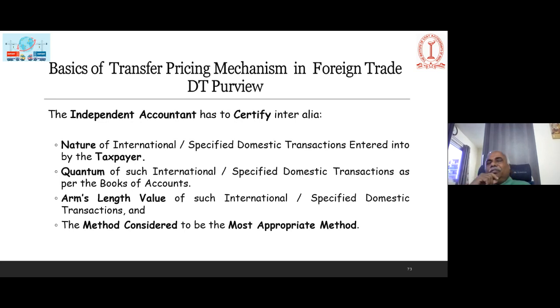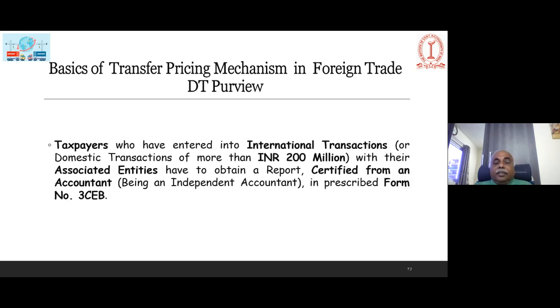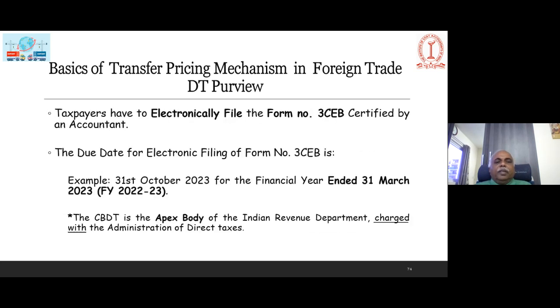That is to be certified by him under Form number 3CEB. The taxpayers file Form 3CEB electronically, certified.